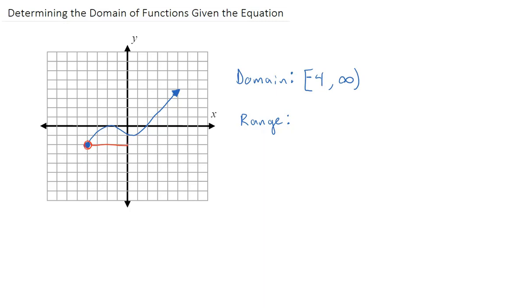So that's going to be a -2. And then continuing to scan upward, the last thing we're going to hit is the arrow, and that is pointing in the positive direction for y's as well, and so the range will go on to infinity as well. So that's just a quick review on reading the domain and range off of a graph.